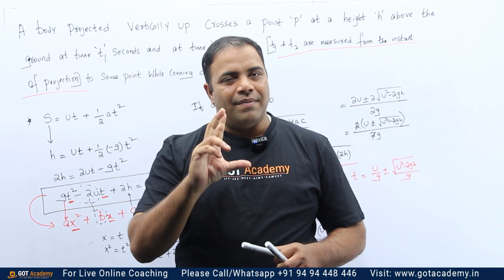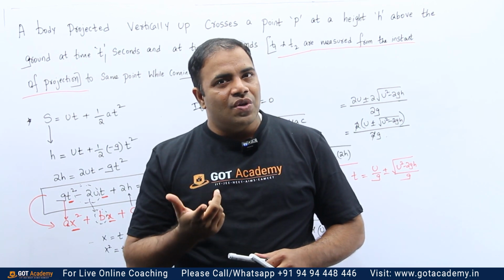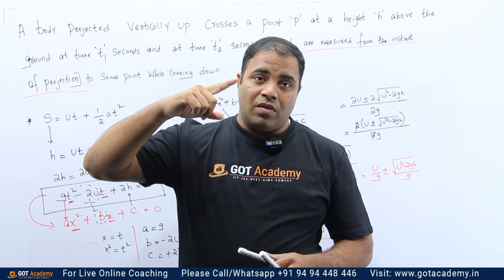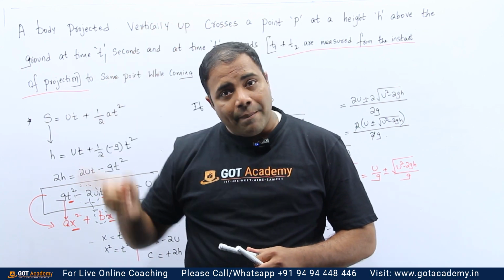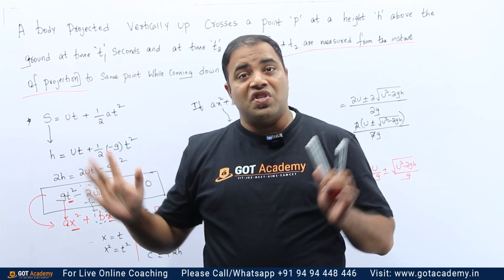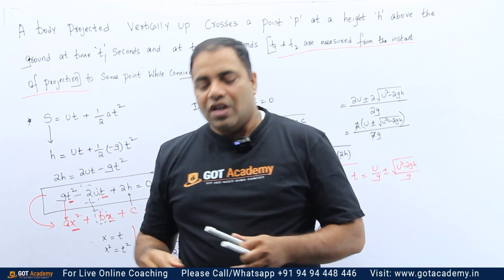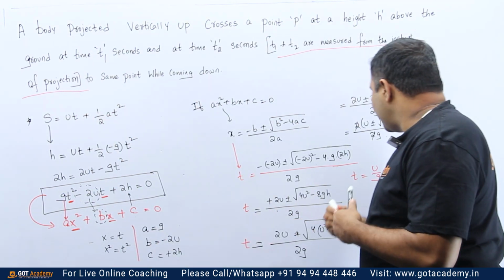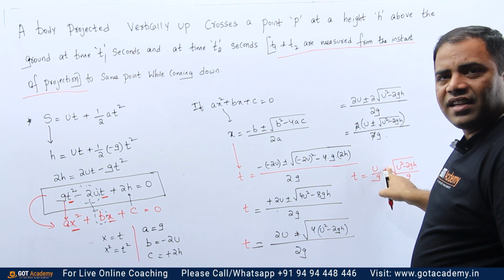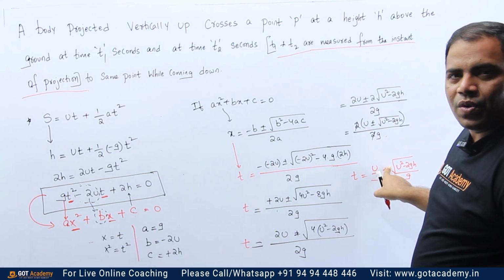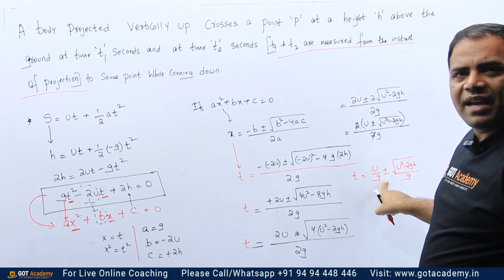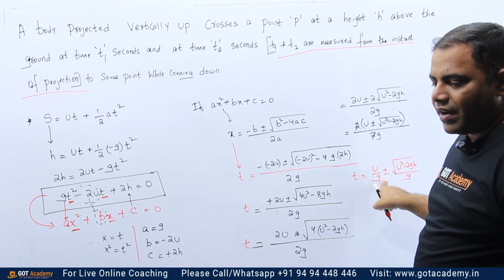Okay, it's less time. And T2, what is T2? It has to move to the maximum height and again come back and reach point P. So the time is more. That is T2. So here you just use your common sense. If I take plus here, the time is more, so I can take it as T2. If I take minus here, the time is less, so I can take it as T1.